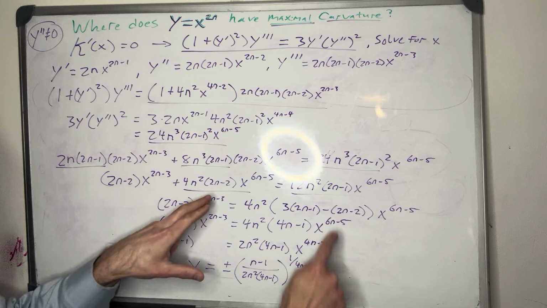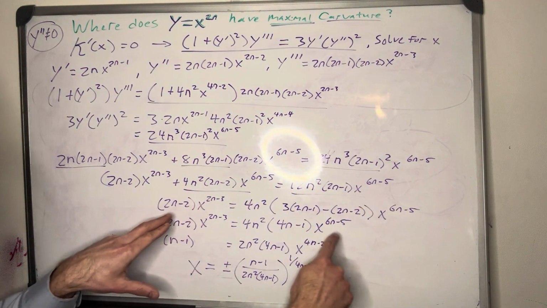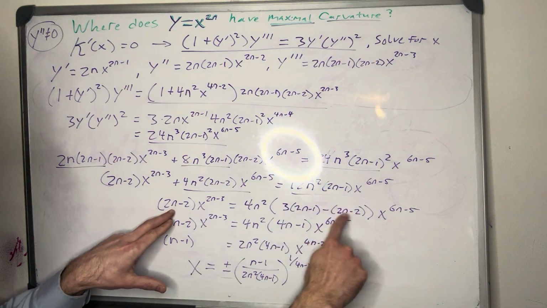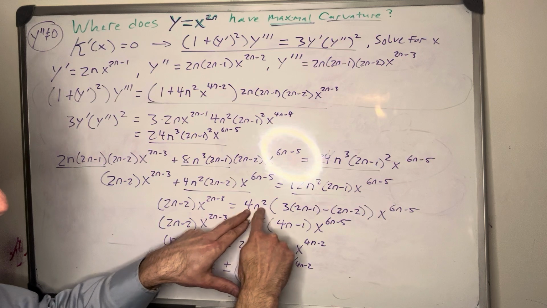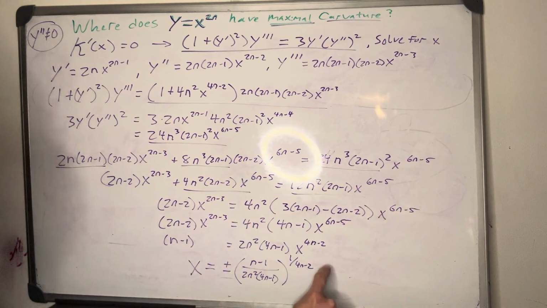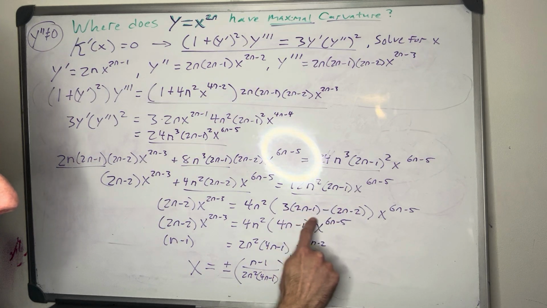Then here we have like terms, so we can subtract and get that to one side. By factoring, we get the 4n squared out, x to the 6n minus 5. Inside here is what simplifies.